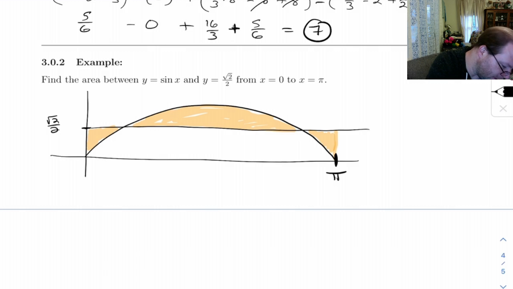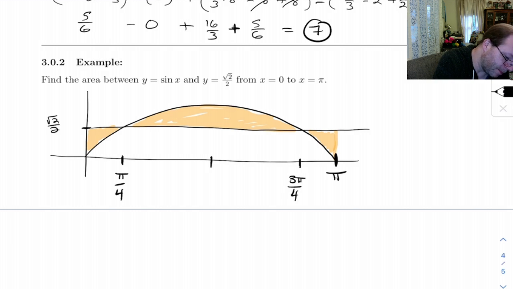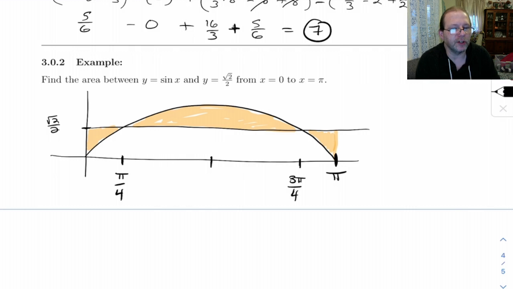All right, so where do these points cross? Where do the lines cross? Well, sine of pi over 4 is root 2 over 2. So we get that. And then by symmetry, that's 1/4 of the way. So this would be 3 pi over 4. Our graph is not very good, because those should be exactly at the 1/4 and 3/4 points, but it's good enough.